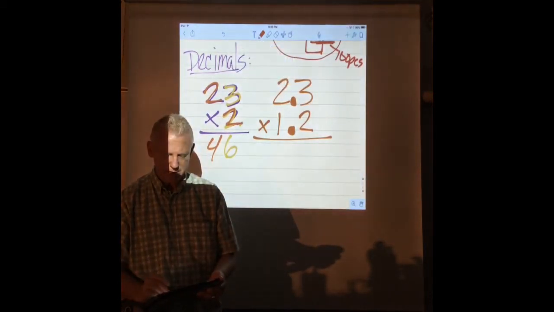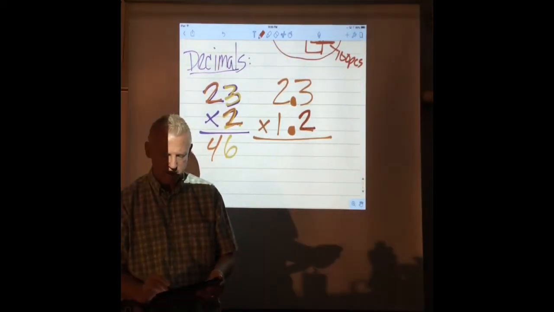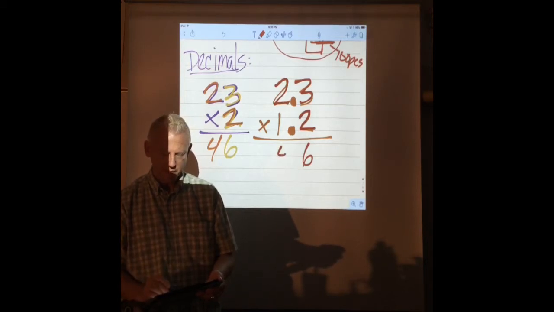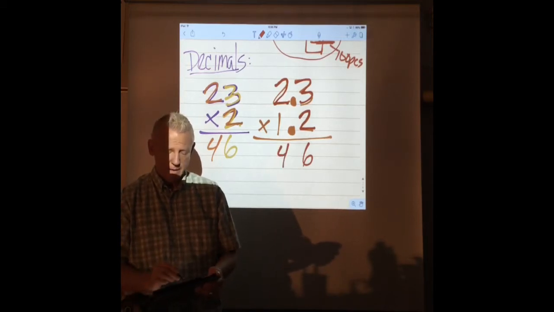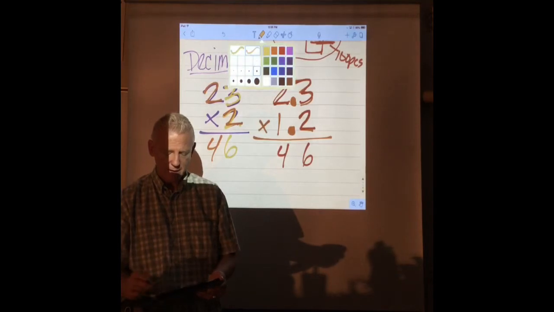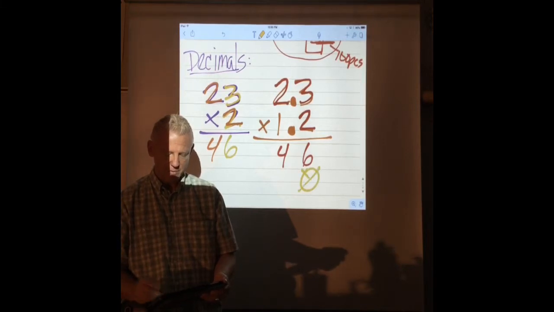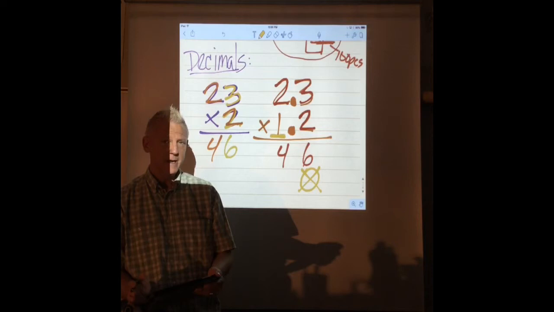I'm going to change my colors this time. Let's go with 2 times 3. 2 times 3 is 6. Now we're going with 2 times 2, and that is 4. Now what do we do next? Well, I hope someone's saying, put a placeholder, Mr. McGuire. You are right. Put a placeholder right there. Why? Because we're moving over to the 10.